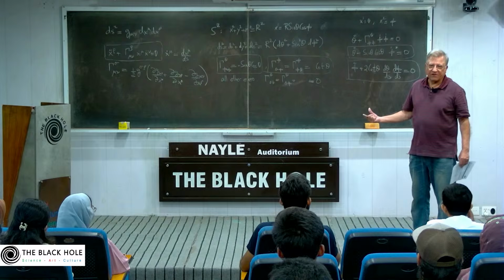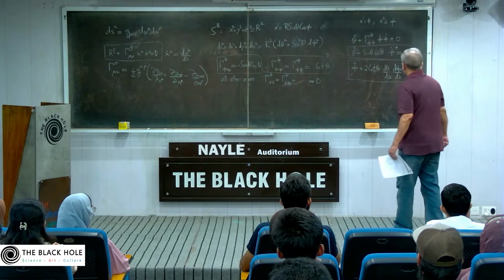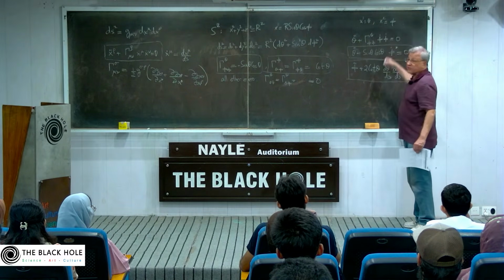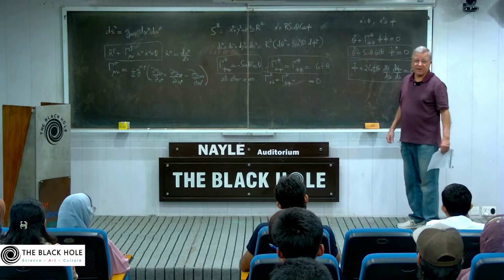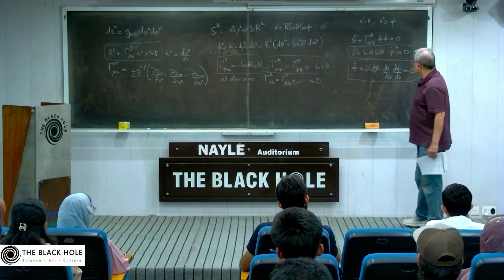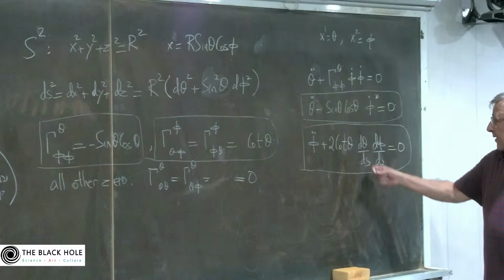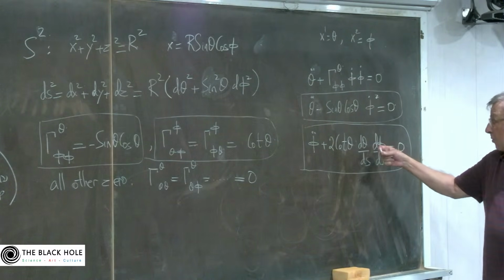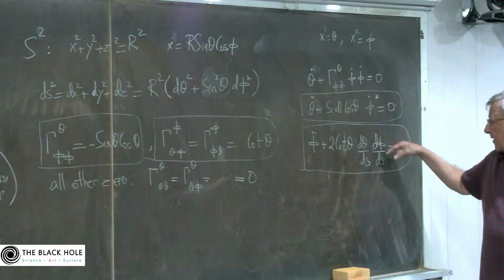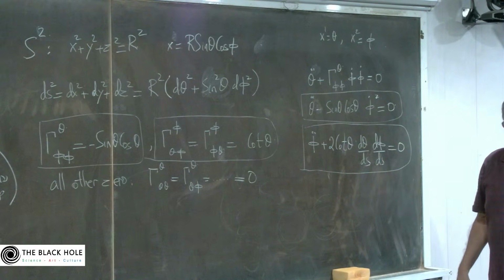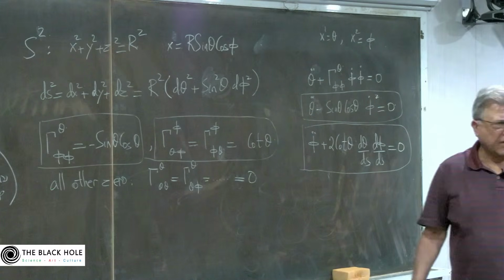They are definitely nonlinear because look, here you have the square of the dependent variable, and here you have also order 2. There's d theta, so there's theta dot and there's phi dot, and it doesn't look simple at all.